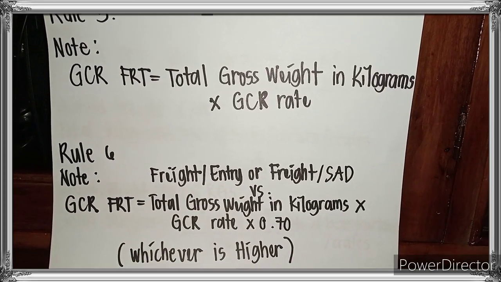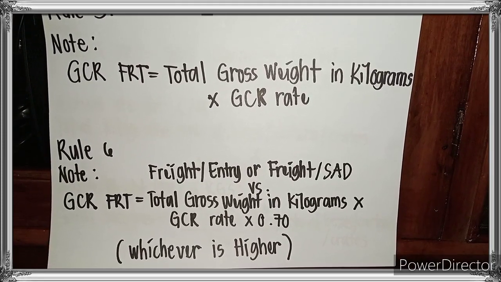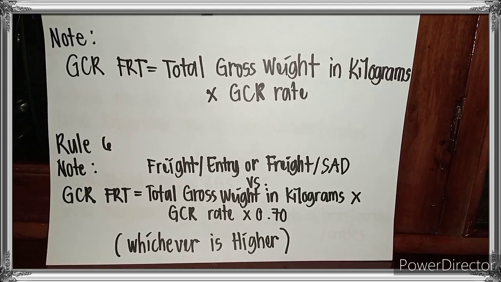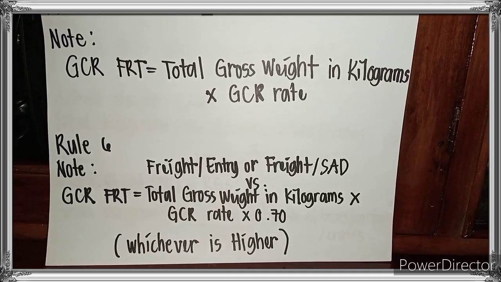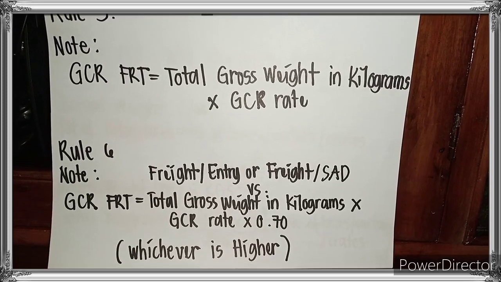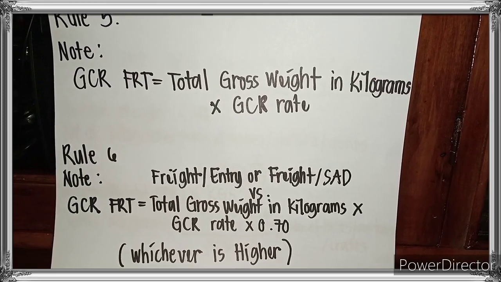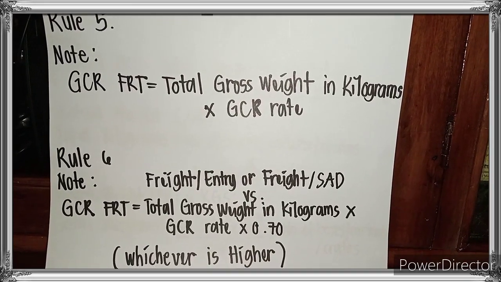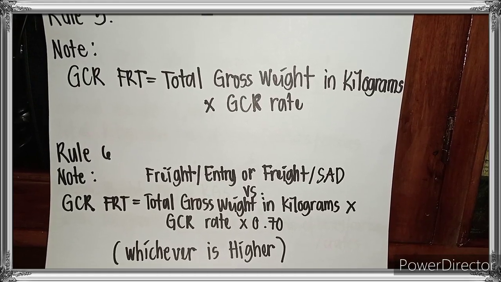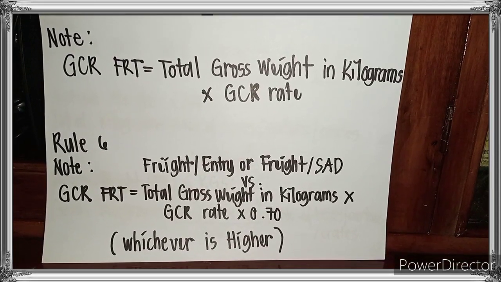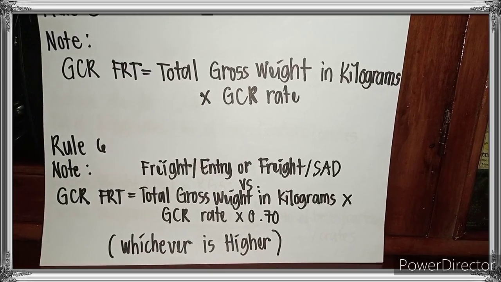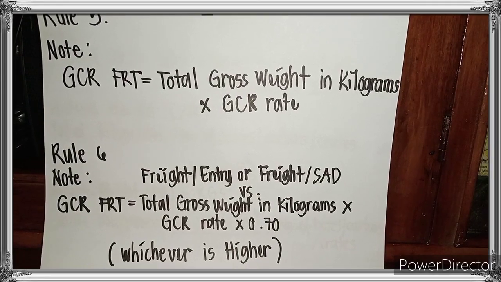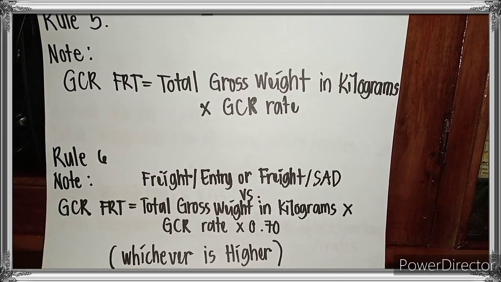Rule number 6. If there are freight charges declared both on the entry and a gross conference rate for sea, the dutiable freight shall be whichever is higher between the freight charges on the entry and 70% of GCR. It is noted in Rule 6 that freight on entry or SAD versus GCR freight, which is equal to total gross weight in kilograms times GCR rate times 0.70.